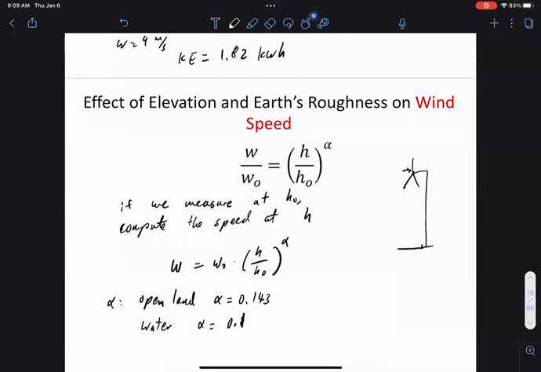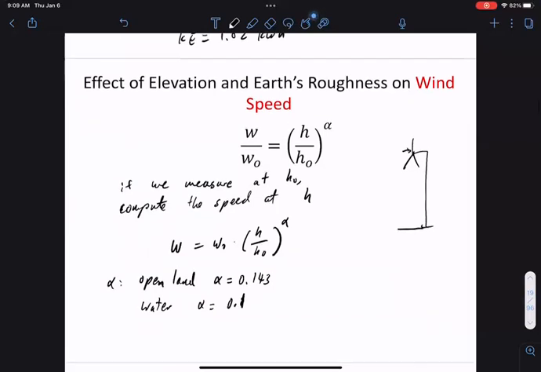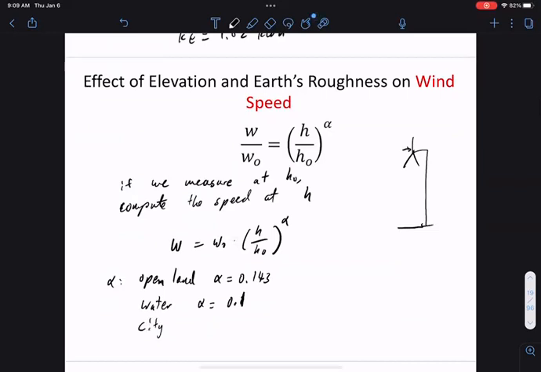There's some dependence, but it's typically weak. If you look at a city, alpha is around 0.4, a much larger dependence. So in a city, going up higher really makes a difference. If you're in open water, the dependence on height is not terribly large.